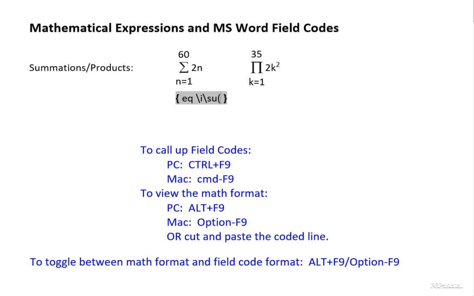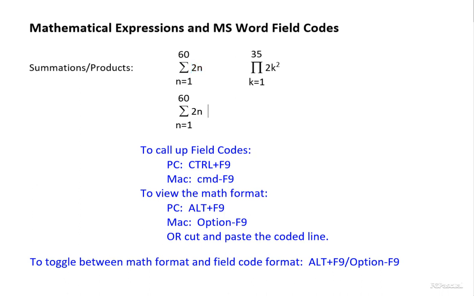Open parenthesis, the lower limit of the summation, comma, then the upper limit, comma, a space after the comma to provide a gap between the sigma notation and the summand, then the summand. Don't forget the closing parenthesis. Cut and paste, and we have our summation.